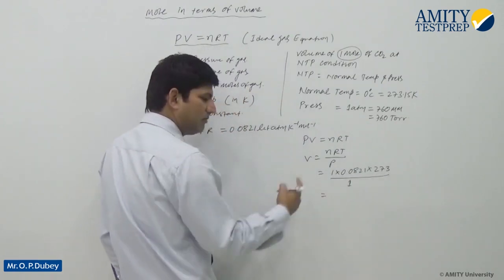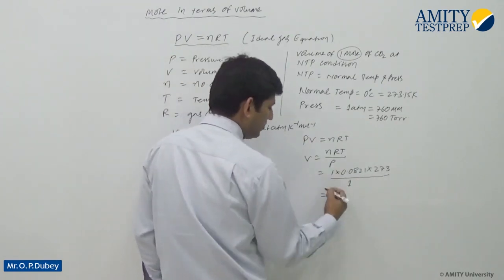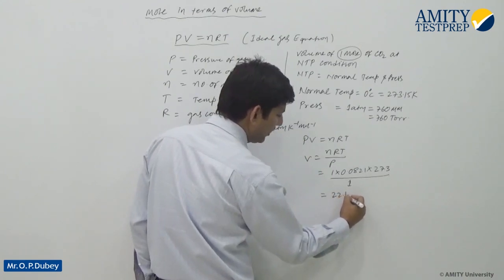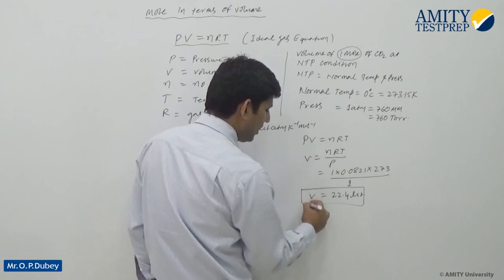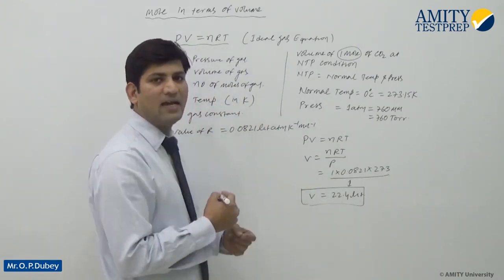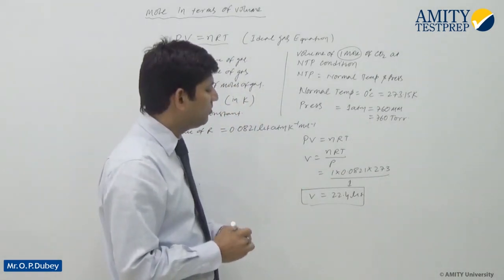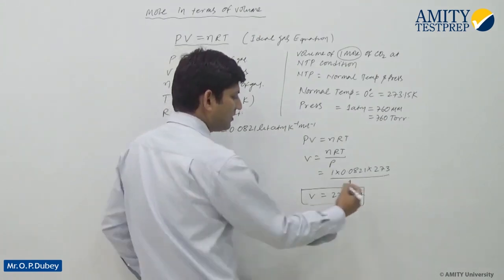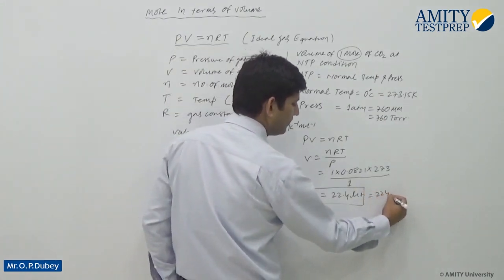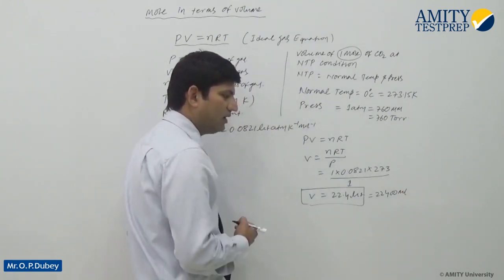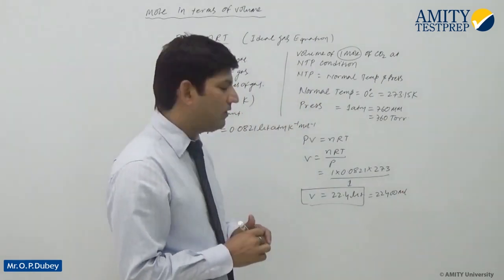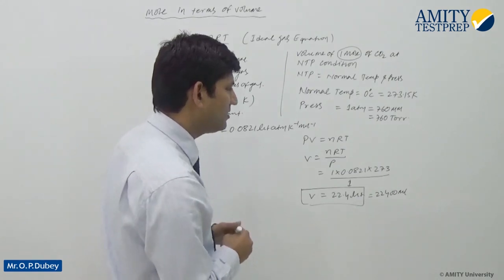By calculating all this we get 22.4 liter. That means the volume of 1 mole of any gaseous chemical substance is 22.4 liter, that is 22,400 milliliter or 22,400 cubic centimeter.